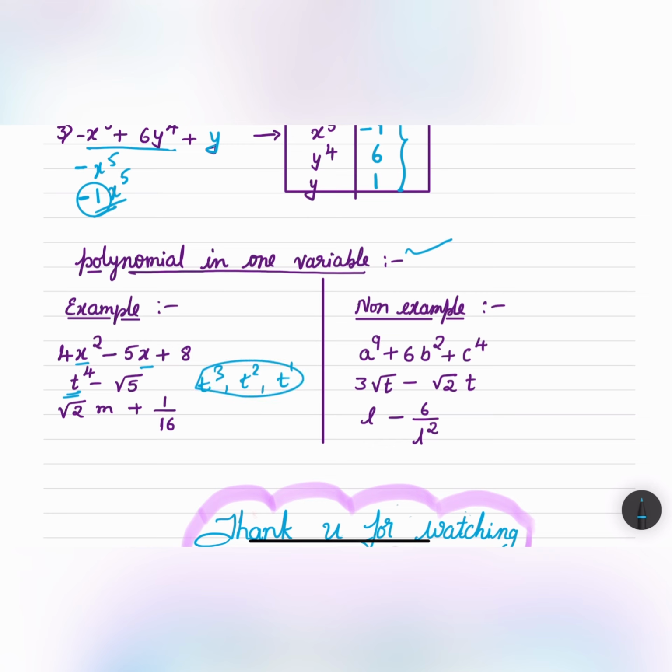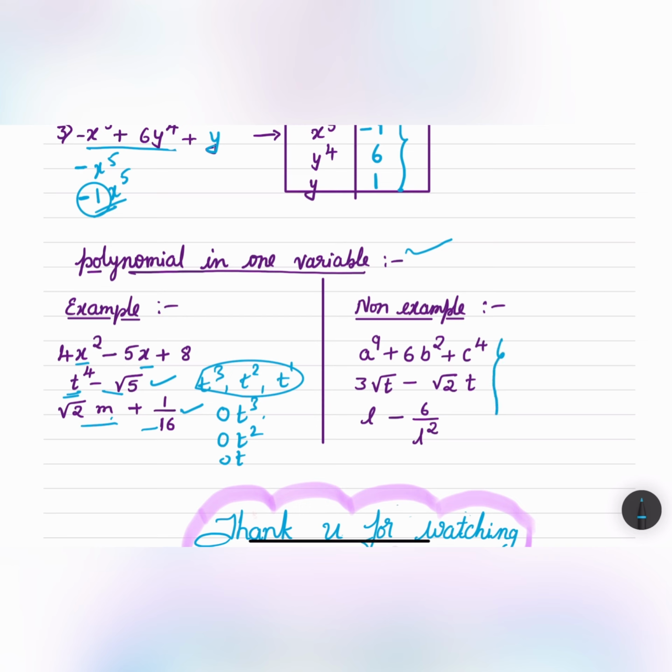Since they are not present, it is understood that they are 0t cube, 0t square and 0t, which are not written, but still this is a one variable polynomial. And the next one is also a one variable polynomial, because we have root 3m plus 1 by 16, and we don't have any other term. So this is only m, and it is a one variable polynomial.